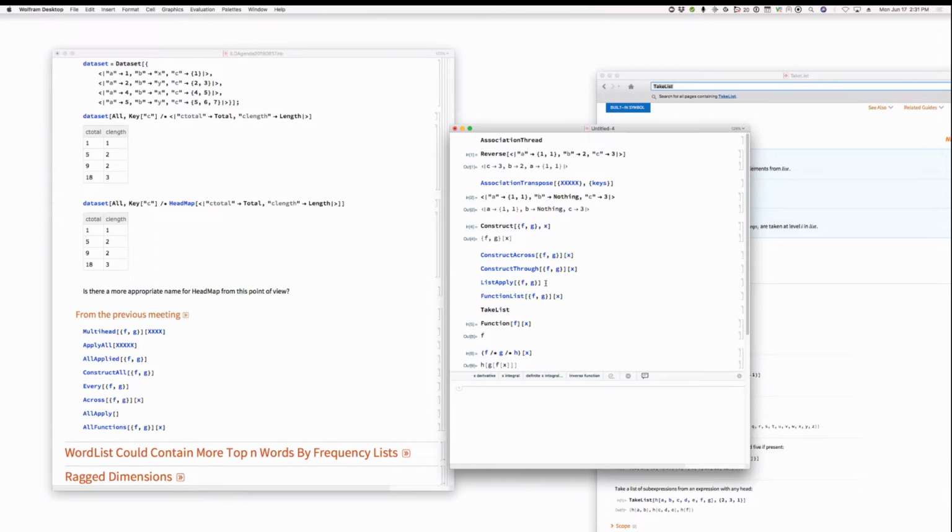It's something that automatically takes a list of functions and gives a list of results from that list of functions. Did we write a documentation page for it? No, I don't think we did.